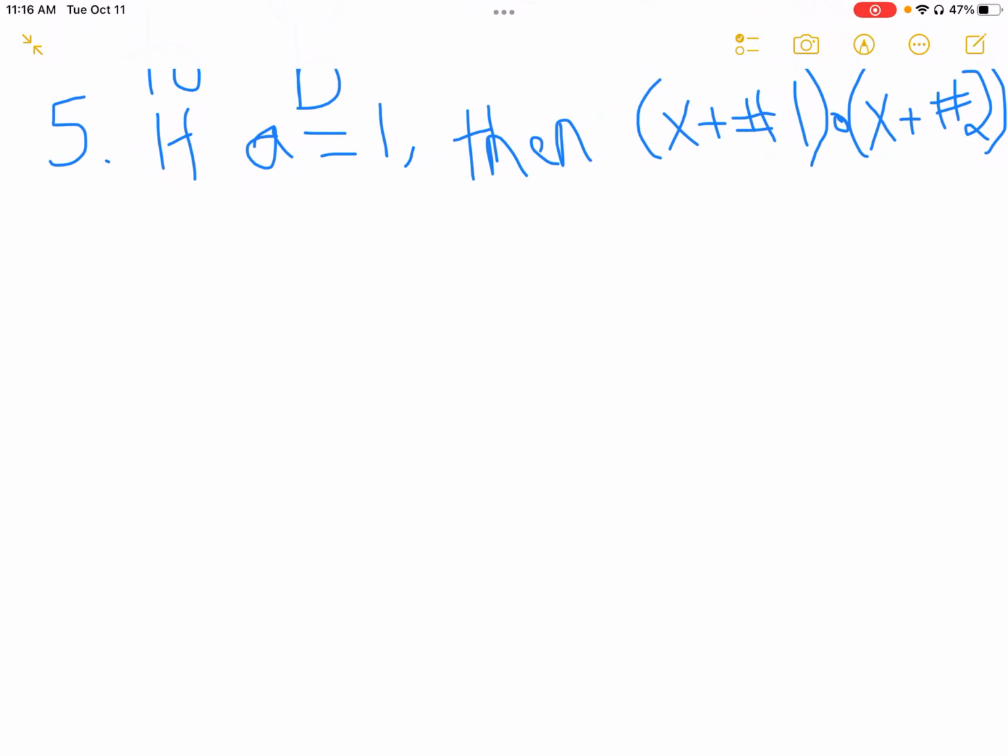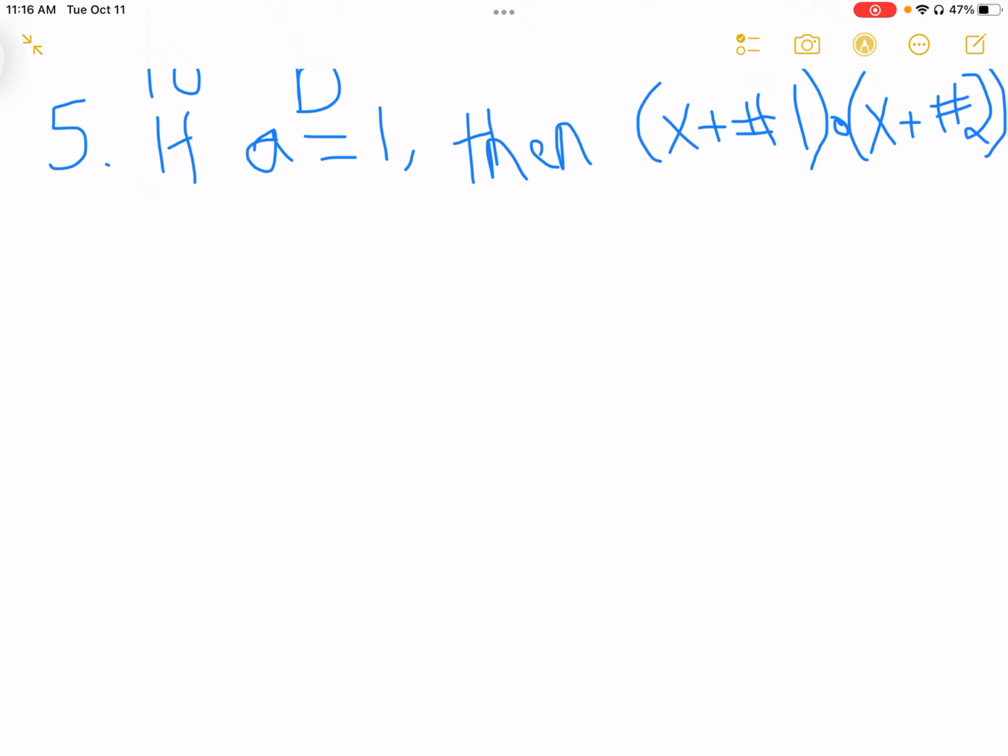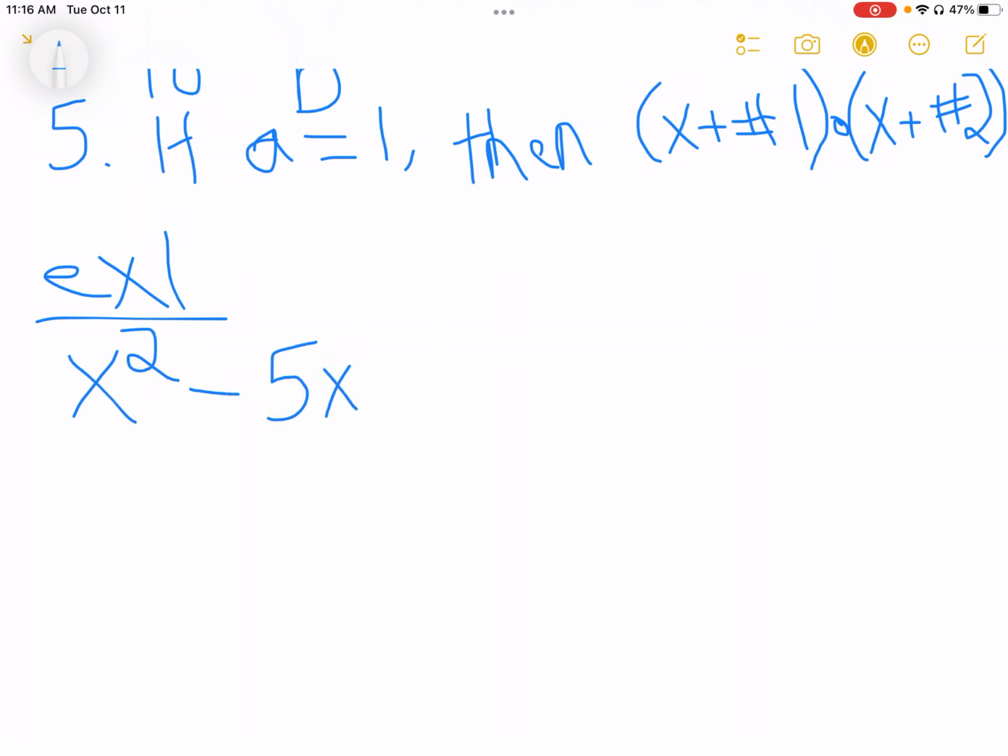So example 1, I have x squared minus 5x plus 6. Okay, you guys have seen this before.